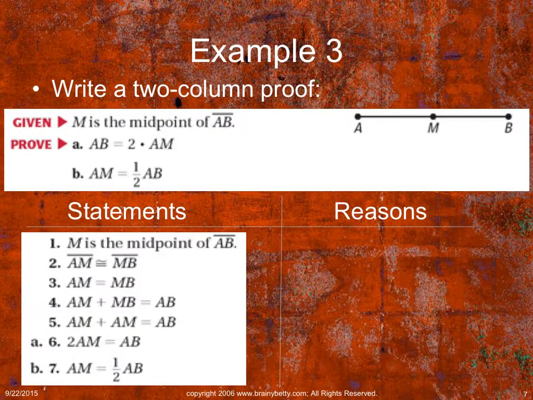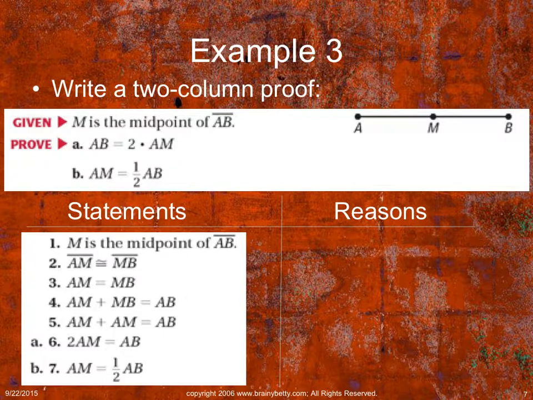Yep. All right. This one said M is the midpoint of AB. Prove two things. A, that AB equals 2 times AM. And B, that AM equals 1/2 AB. So think about all the things that you know about what's already here. If M is the midpoint of AB, what does that mean? That AM equals MB.